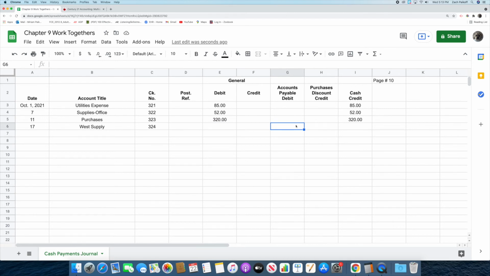So the $3,420 is going to be recorded in the accounts payable debit column. The $68.40 is going to be recorded in the purchases discount credit column. And the difference between those two numbers, which is $3,351.60, is going to be recorded in the cash credit column.